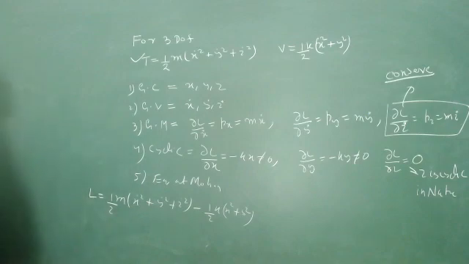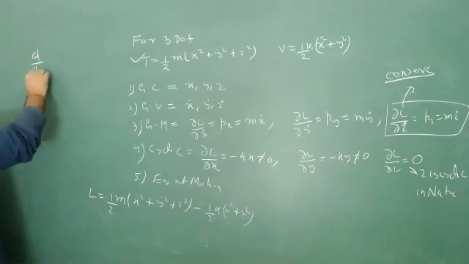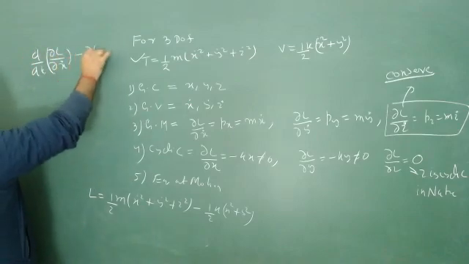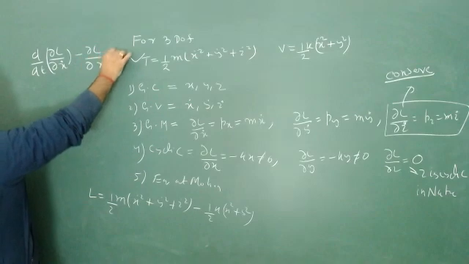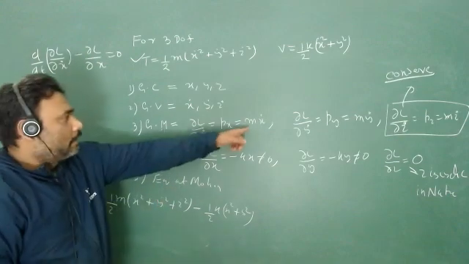Now we have to write the equations of motion. How many equations of motion do we have to write? 3. The first equation of motion is d upon dt of del L upon del x dot minus del L upon del x, which must be equal to 0. Del L upon del x dot is m x dot.